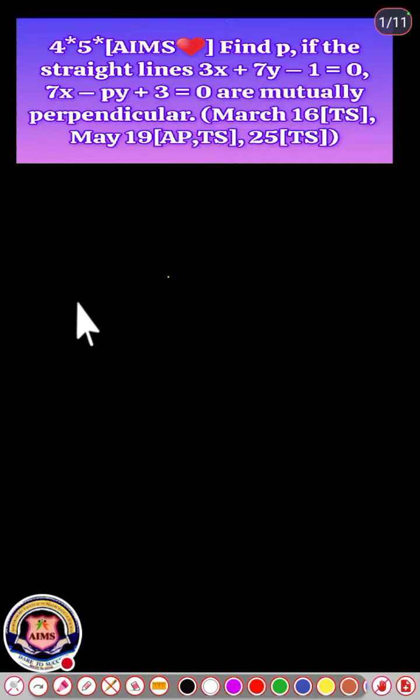Here, two straight lines being mutually perpendicular means you can use this concept: m1 into m2 is equal to minus 1. Here, m means slope of the line.